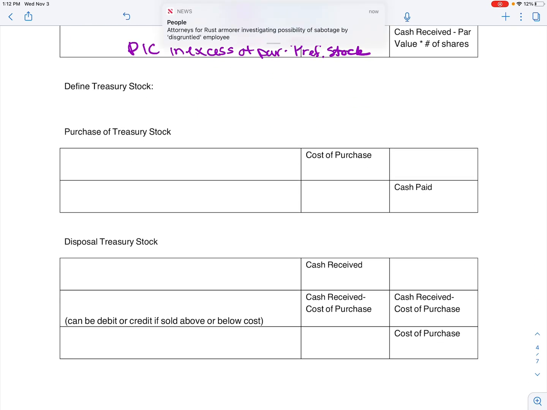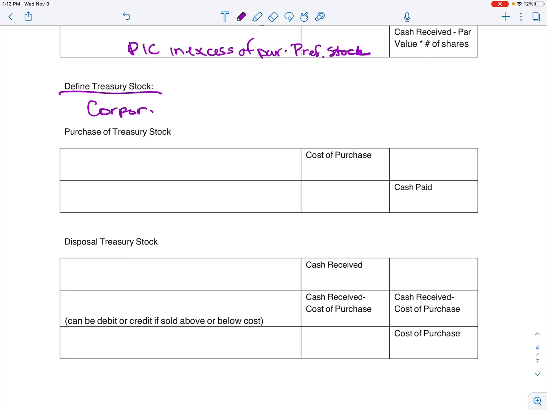And then we have our treasury stock. Again, make sure you define this in your own terms so that you understand it. But treasury stock is a corporation's own stock that it buys back. So when we purchase the treasury stock, that is a debit.